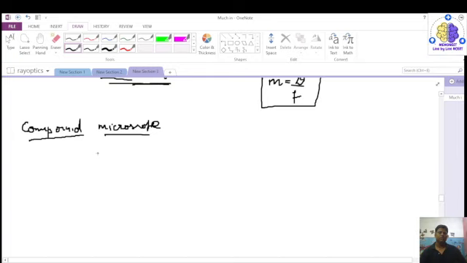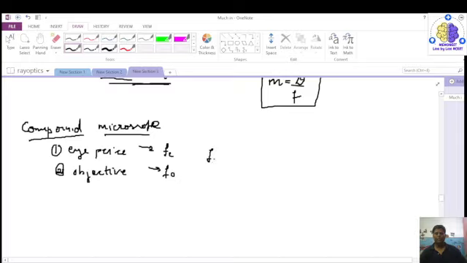One lens is known as the eyepiece and the second lens is known as the objective. The focal length of the eyepiece we write as FE and the focal length of the objective we write as FO. So FE is greater than FO, right? The focal length of the eyepiece is greater than the focal length of the objective.